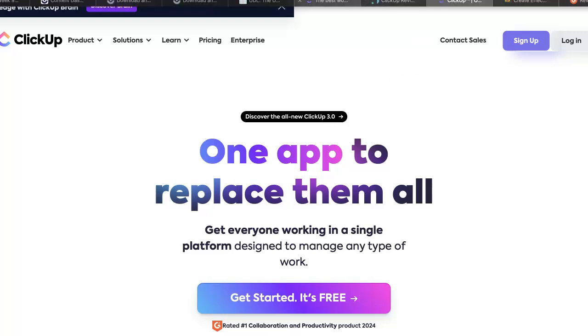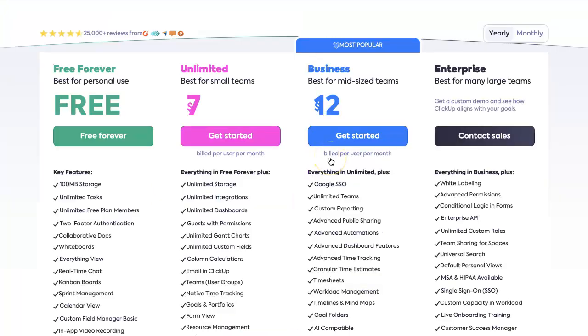So we can go here. Yes, there's the free forever version, which has 100 megabytes of storage, but it doesn't have unlimited storage. And there are also other features that you can get in the unlimited that you do not get in the free, so that is one of the disadvantages.